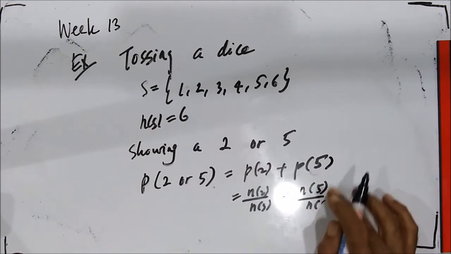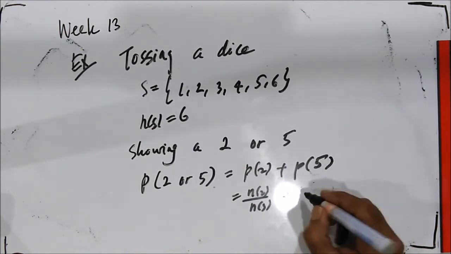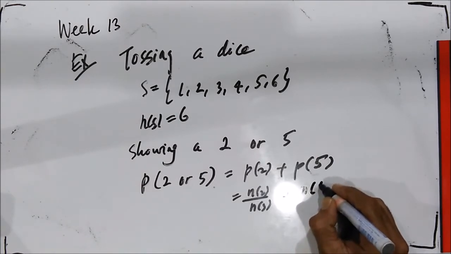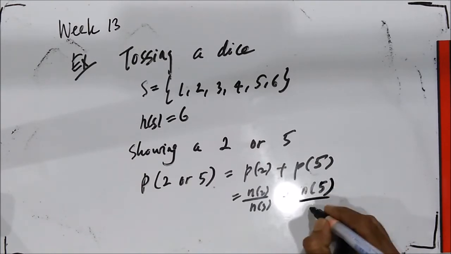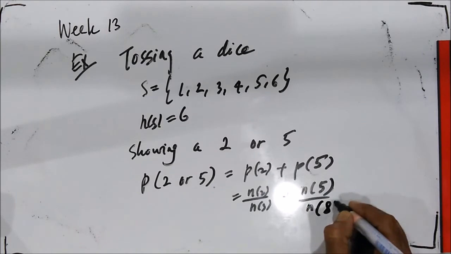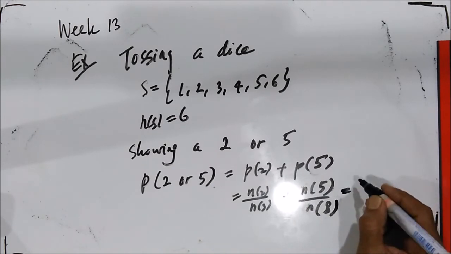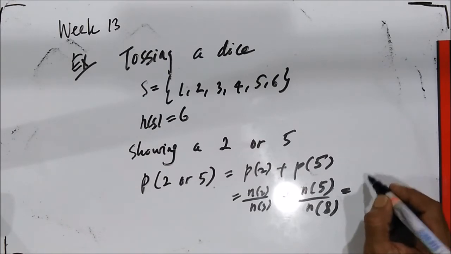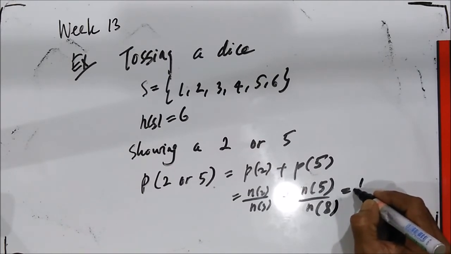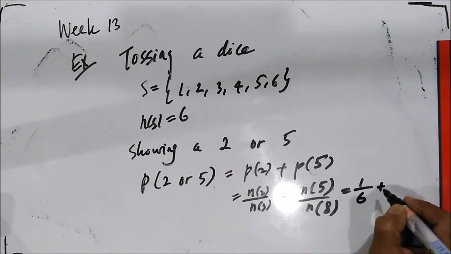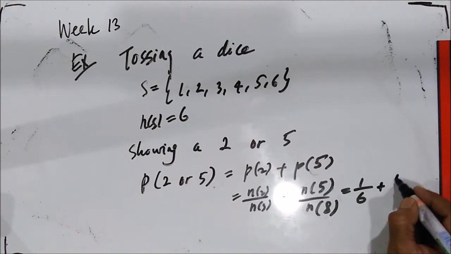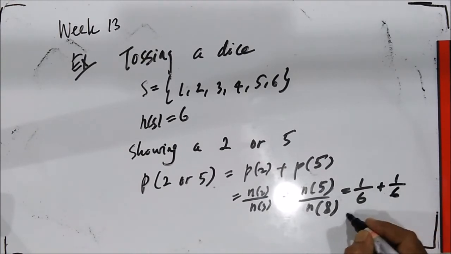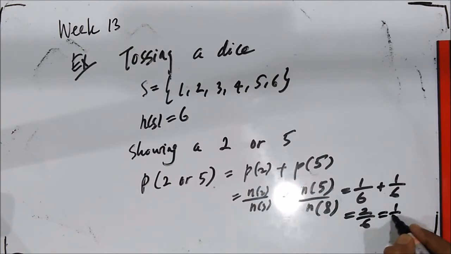This is equal to 1 over 6, since there is only one 2, plus 1 over 6, since there is only one 5, which is 2 over 6, or 1 over 3.